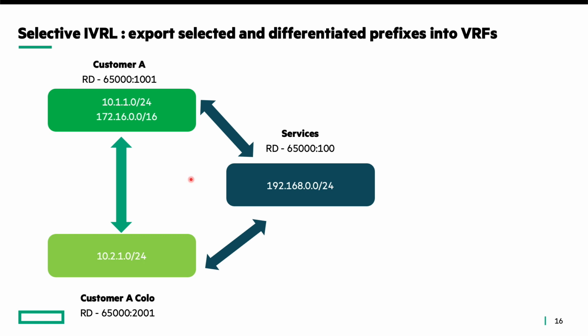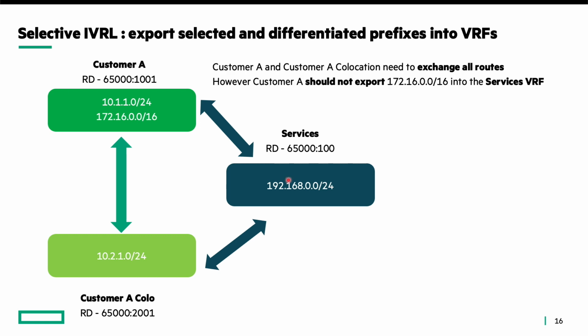Now we're adding services. This data center is also providing some shared services, with 192.168. What happens is that in the services, we don't want to receive the 172.16. This one can be used by different customers, and there is a rule imposed by the service providers not to use this 172.16 address in the shared services.